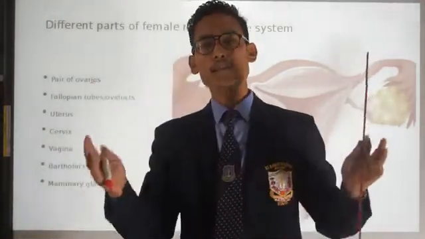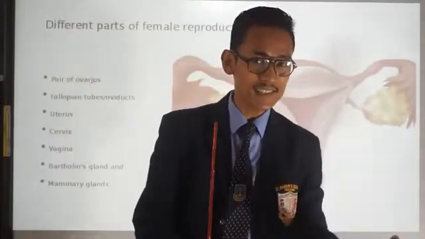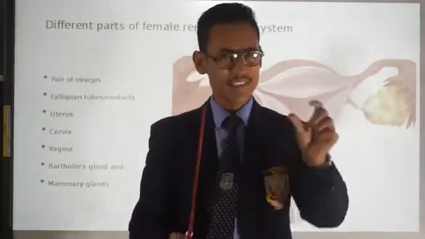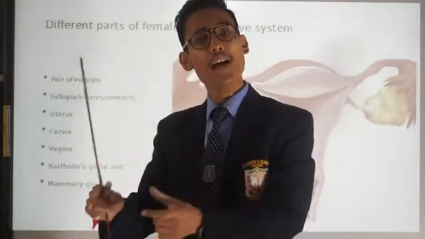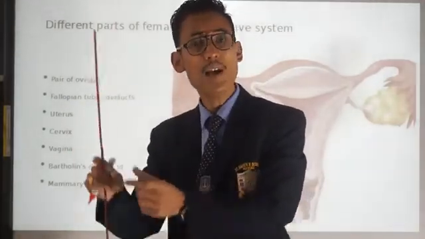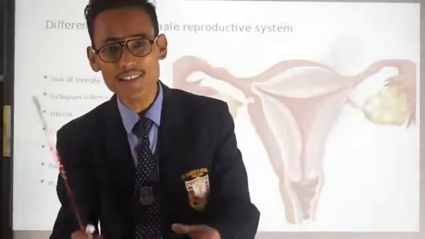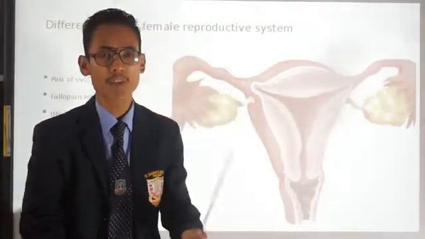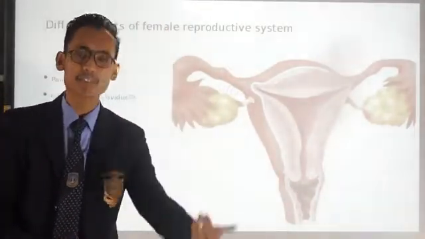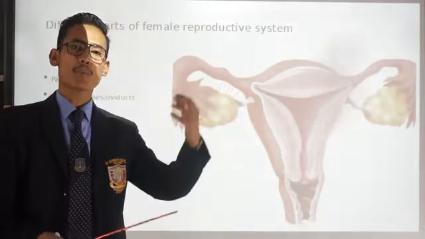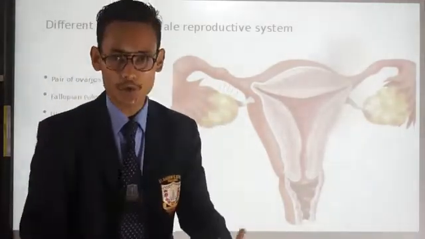Now, there's a difference between the location of the testis and the ovary. The testis was present extra-abdominal, located in the scrotum. What was the requirement for that? Why was the testis present in the scrotum?